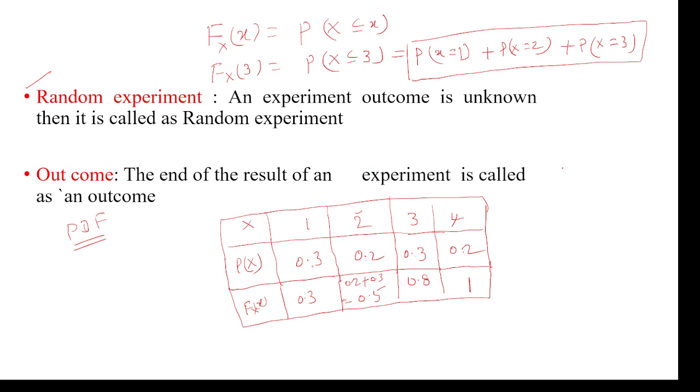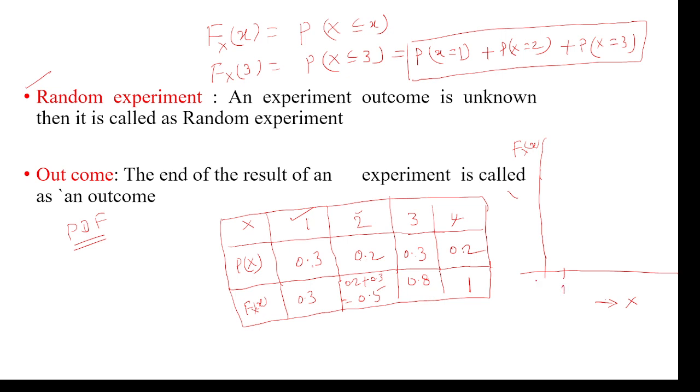Sometimes it is also defined as the graphical representation for the cumulative addition. How do we represent it graphically? Here you can see the x value on one axis, and the distribution capital F of x on the other.